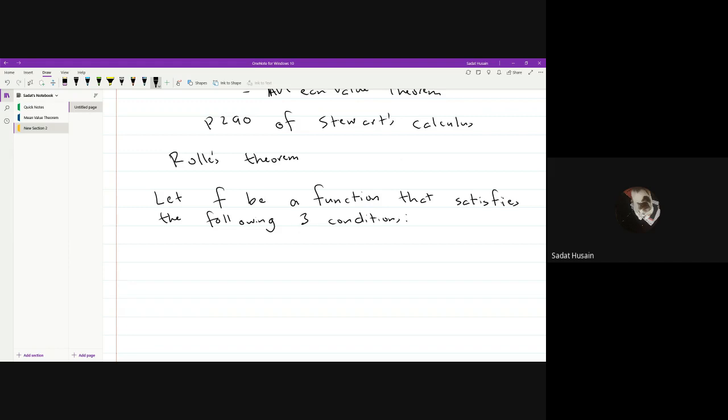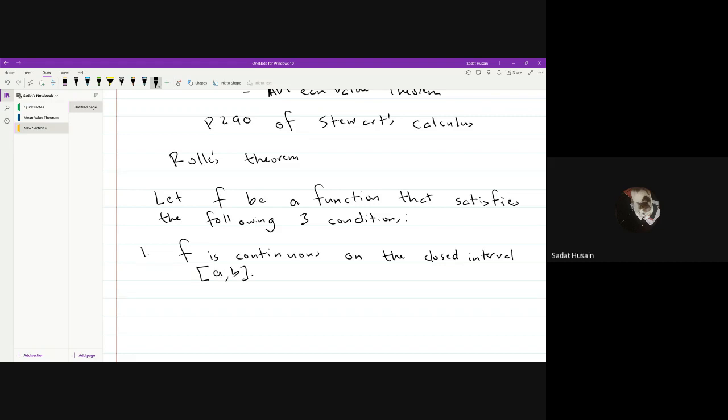The first condition is that f is continuous on the closed interval [a, b], right?